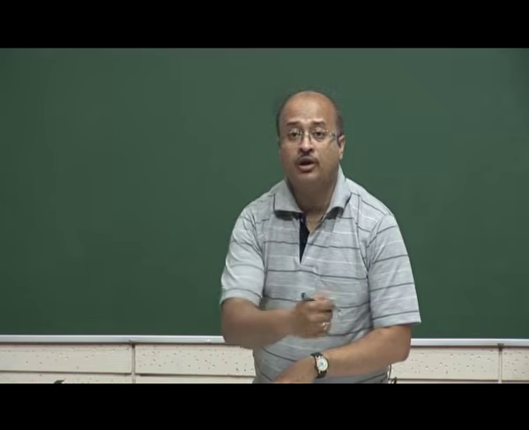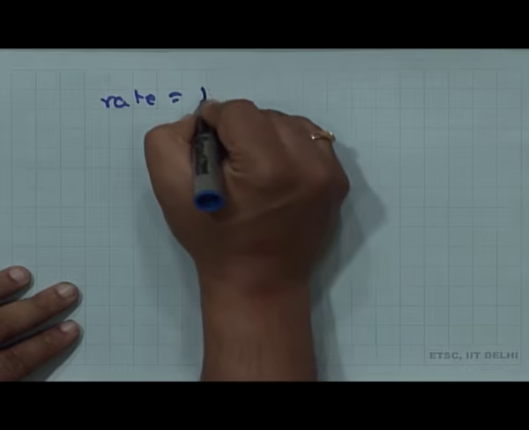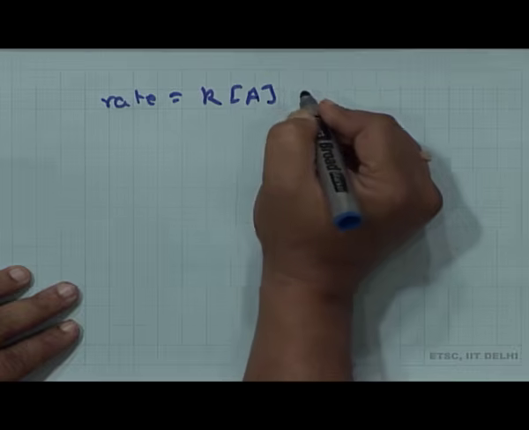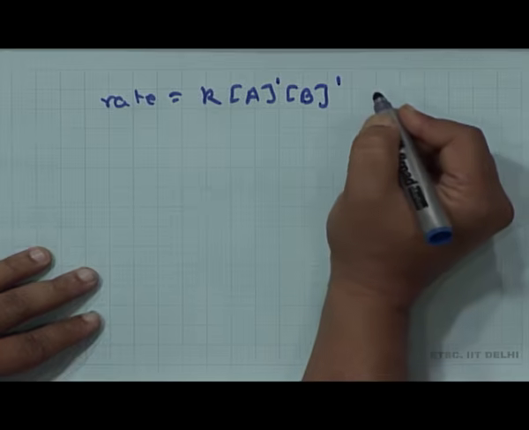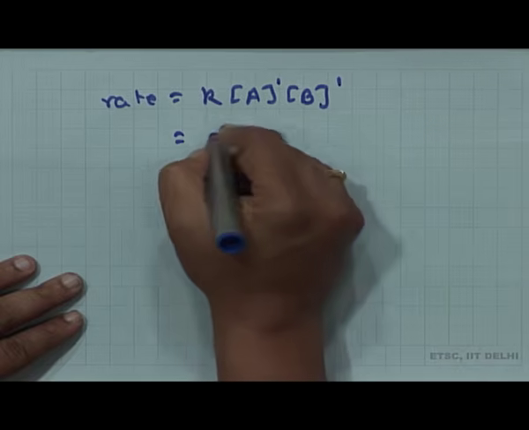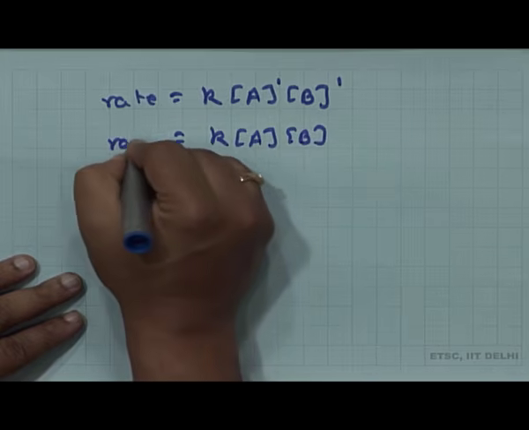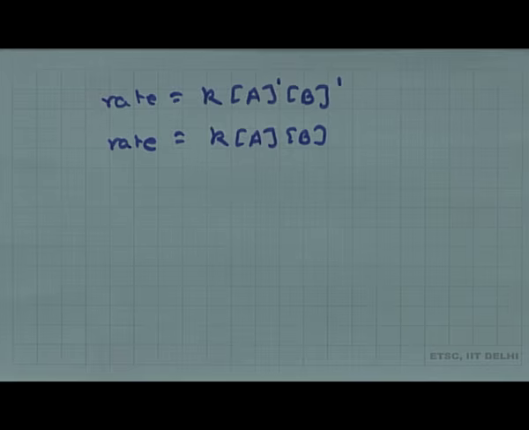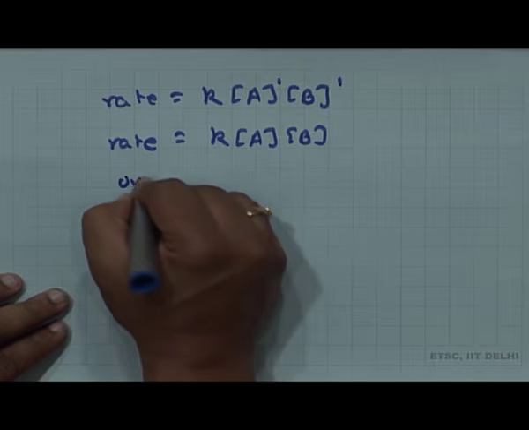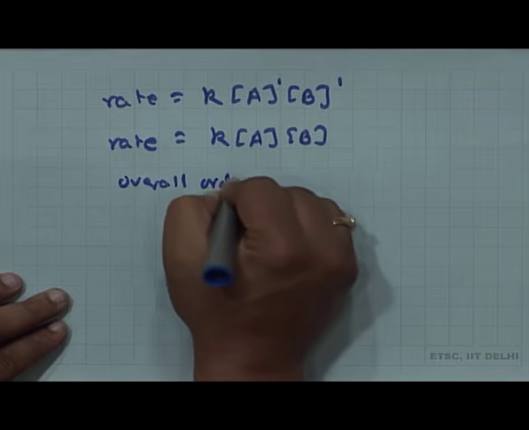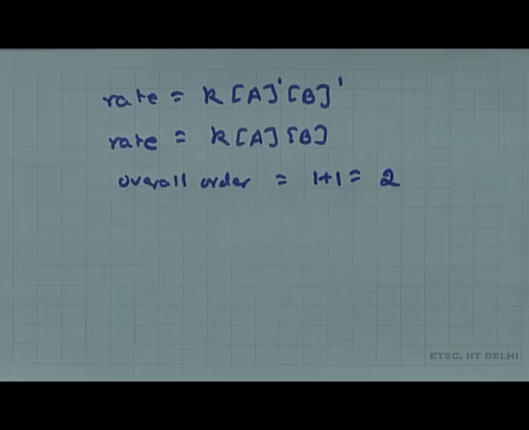So, based on our previous discussions, I can write the rate of the reaction is equal to K times concentration of A raised to the power 1 times concentration of B raised to the power 1, both being first order. So, you can write K [A][B], this is the rate. Okay. Though it was not asked, the overall or total order is 1 plus 1 equal to 2, right.